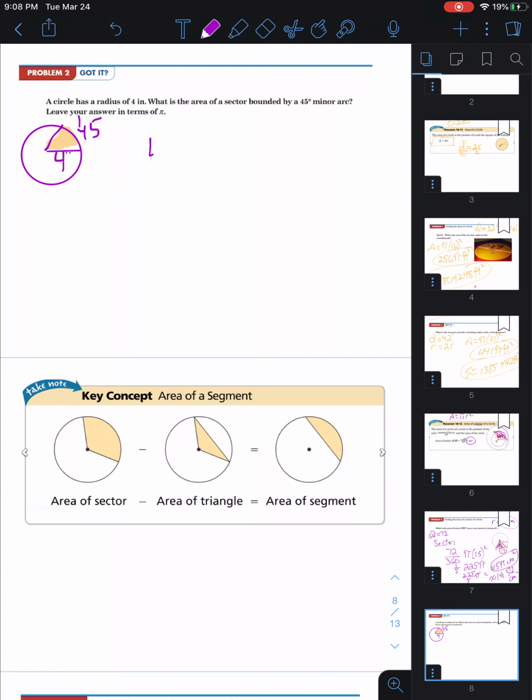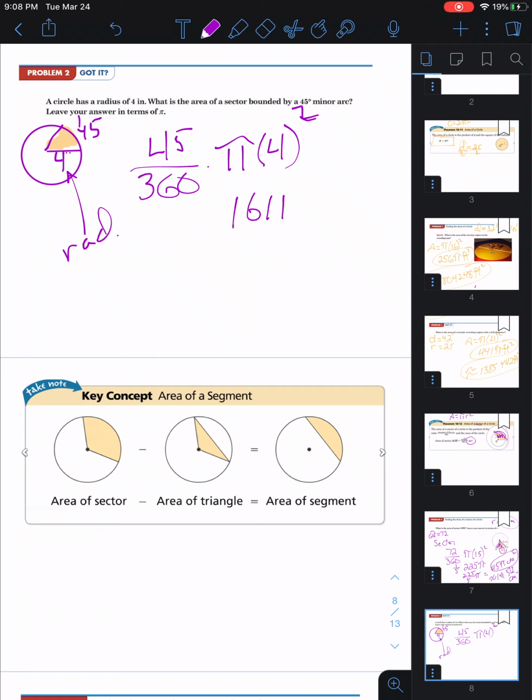Well, that would be 45 over 360 times the entire area. Now we've got to use that radius again. That's the radius, so it's going to be pi times the radius, or 4 squared. Well, 4 squared is 16, so we'll do times 16 pi.